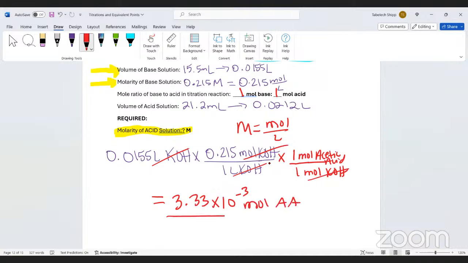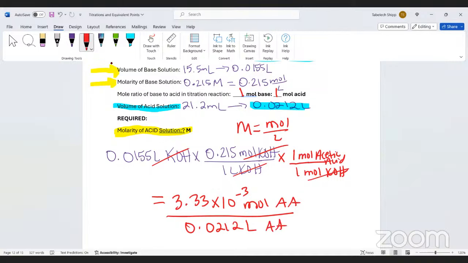You're going to divide that number by what's left over, which is the volume of the acid, okay? We're going to put that number that I'm highlighting in blue on the very bottom. So I'm going to put 0.0212 liters. Remember, moles of acetic acid per liters of acetic acid.